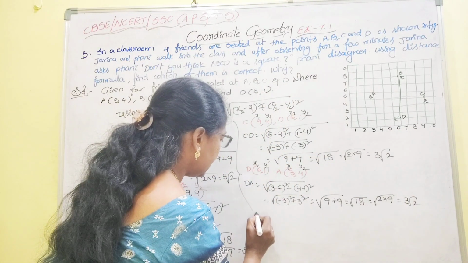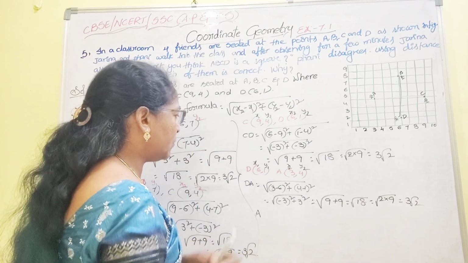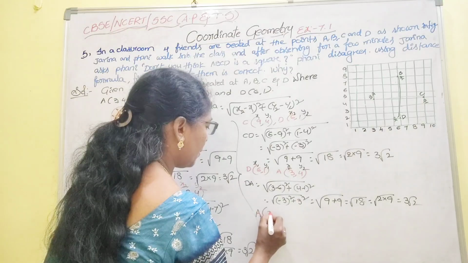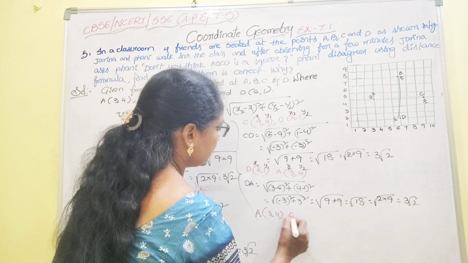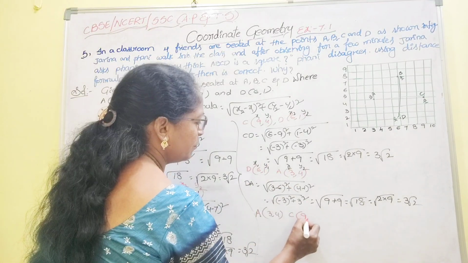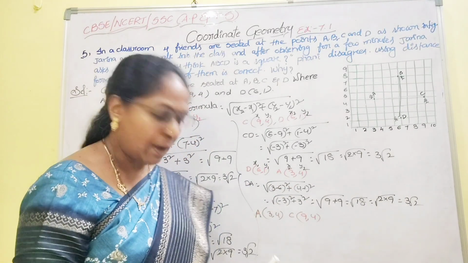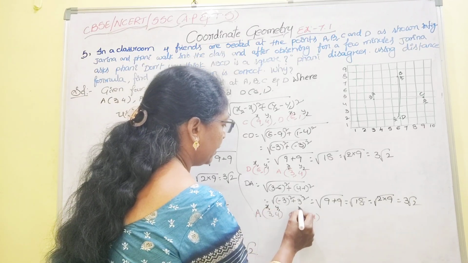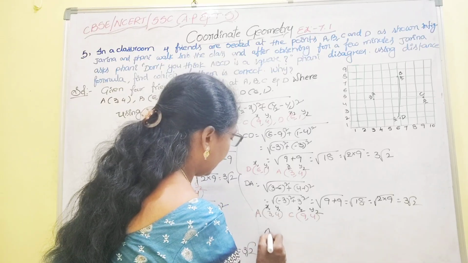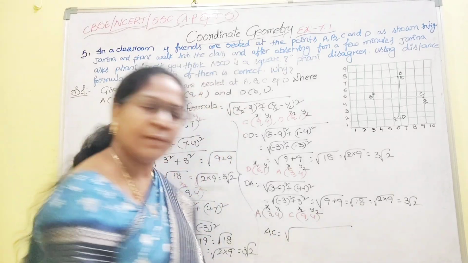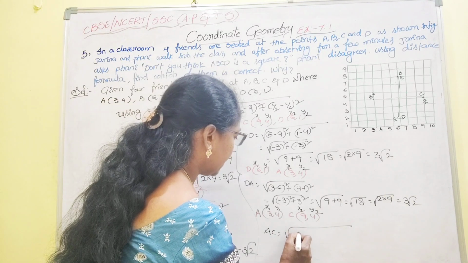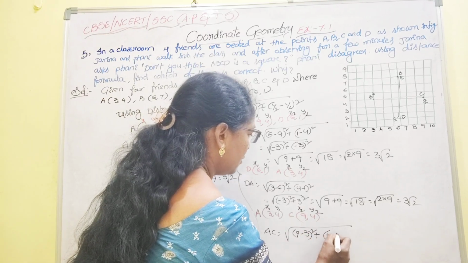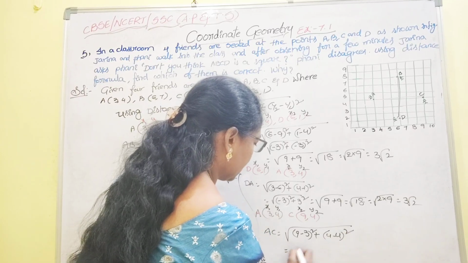So AC equals, here, A value, just consider A value 3 comma 4 and C value is 9 comma 4. Now just assume x1, y1, x2, y2, where AC equals square root of (x2 minus x1) whole square, that means 9 minus 3 whole square, plus 4 minus 4 whole square.